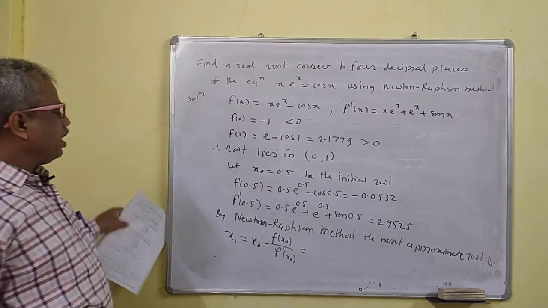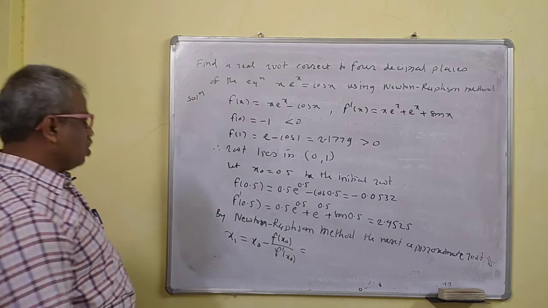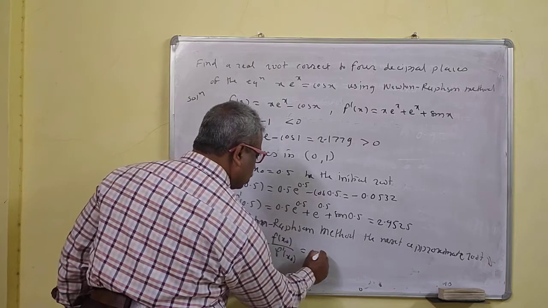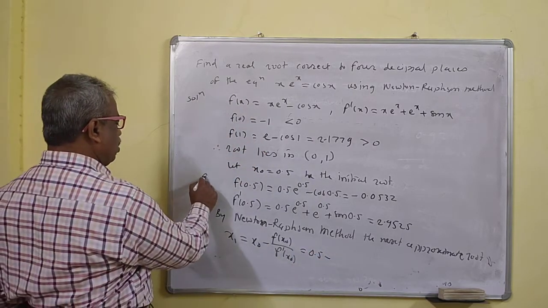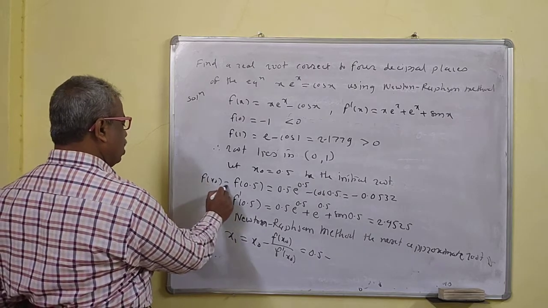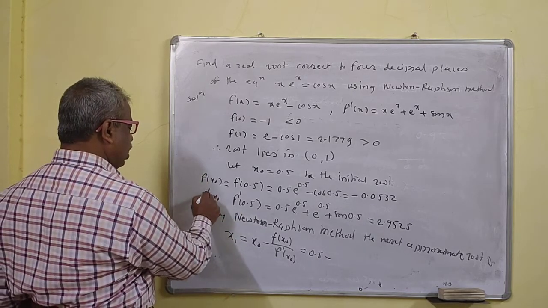Okay. So we write x0. What is your x0? It is 0.5. So this is 0.5 minus, just we got f of x0. This is your f of x0 and this is your f prime x0.